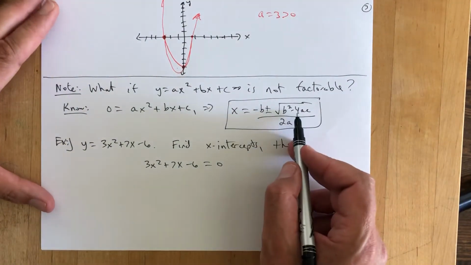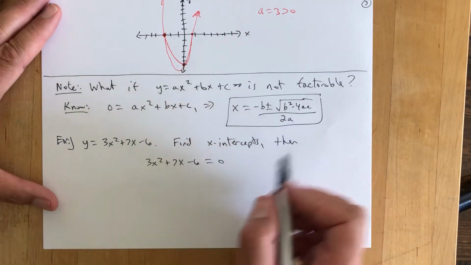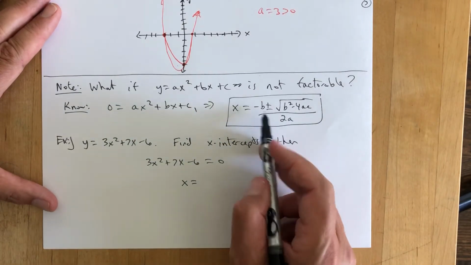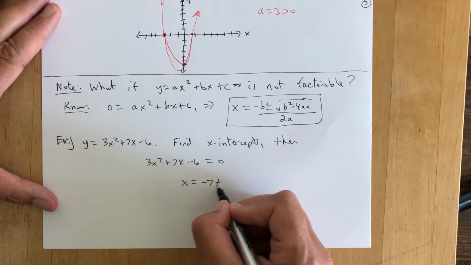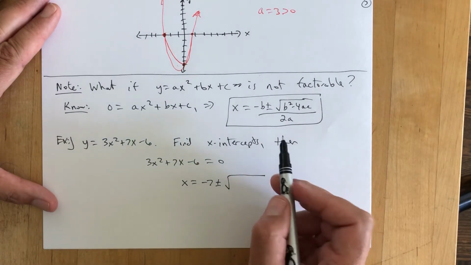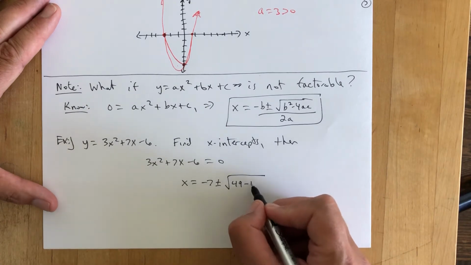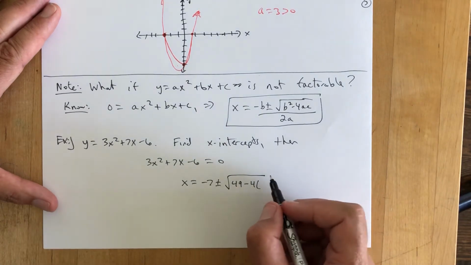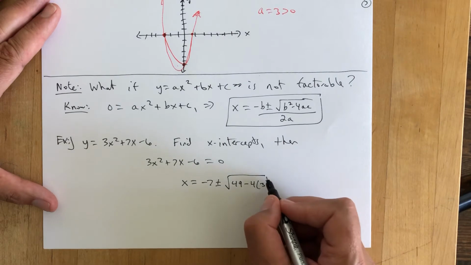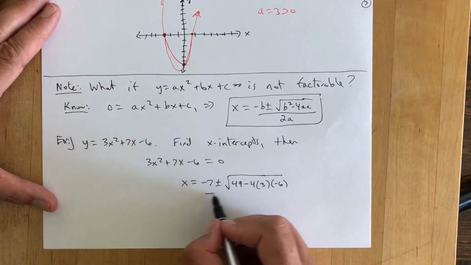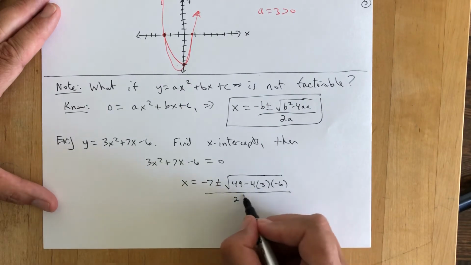I hate this thing, but you know, there it is. I'm going to do it once. It's minus 7 plus or minus the square root of minus 7 squared is 49 minus 4. What's a? a is 3 and c is negative 6. All over 2 times a.